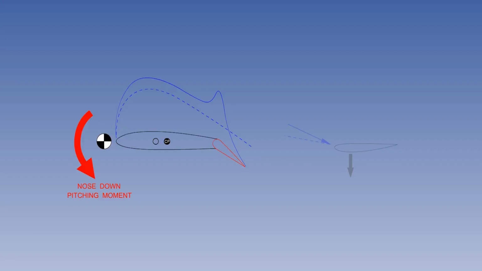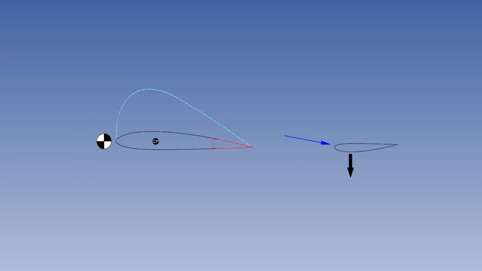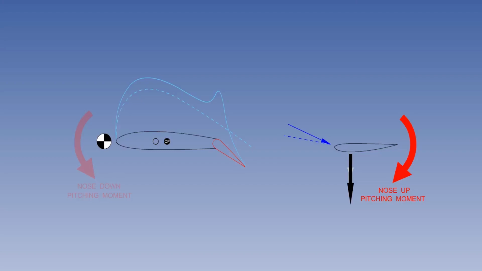This produces a localized reduction in pressure, which moves the CP aft, and an aircraft nose-down pitching moment is generated. Let us now take a look at the effect of downwash. You can see that as the flaps deploy, the downwash increases. This increases the downforce on the tail and generates an aircraft nose-up pitching moment.